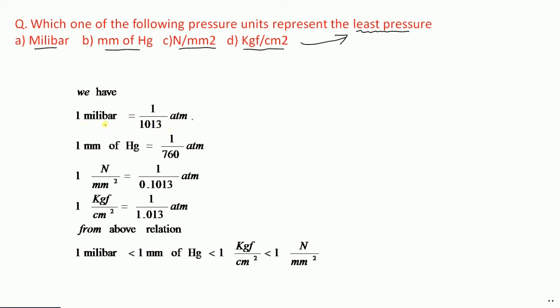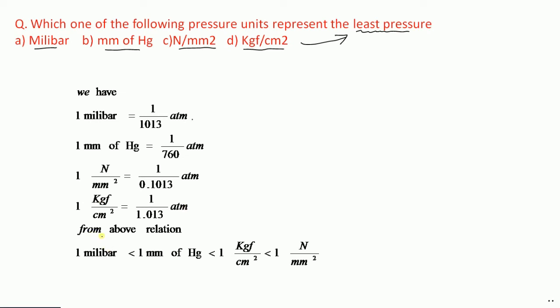1 millibar is equal to 1 upon 1013 atm. 1 mm of Hg is equal to 1 upon 760 atm. 1 Newton per mm square is equal to 1 upon 0.1013 atm. 1 kgf per centimeter square is equal to 1 upon 1.013 atm.